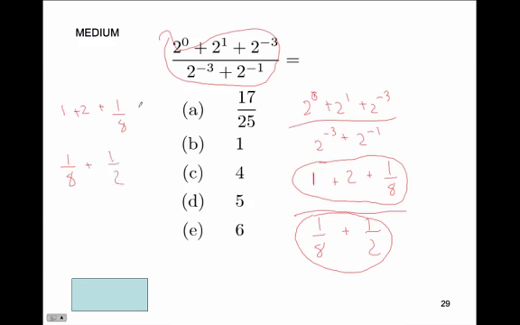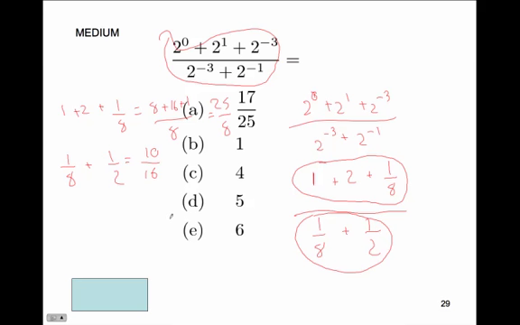So this would be equal to 8 plus 16 plus 1 over 8, which would be 25 over 8. And then you have 10 over 16.